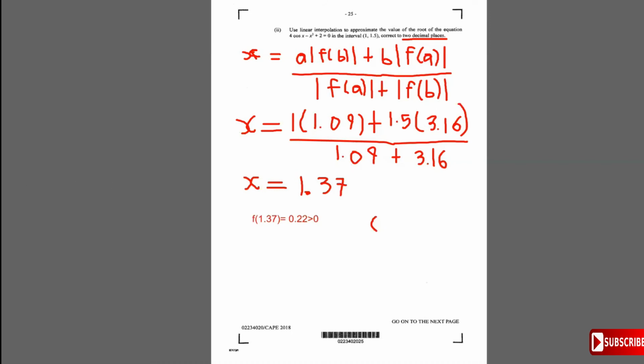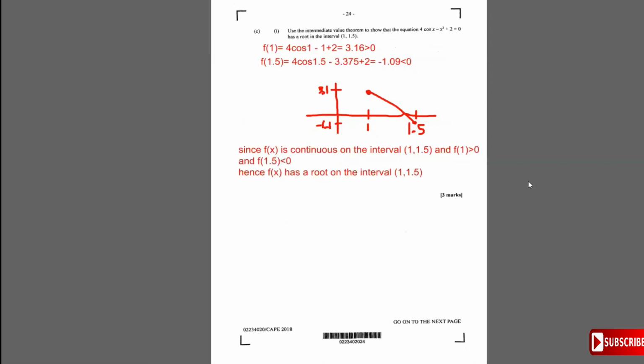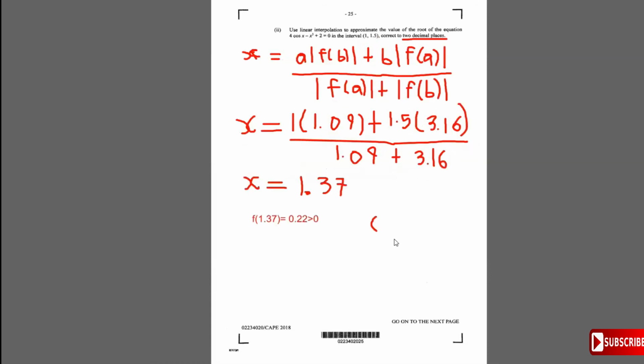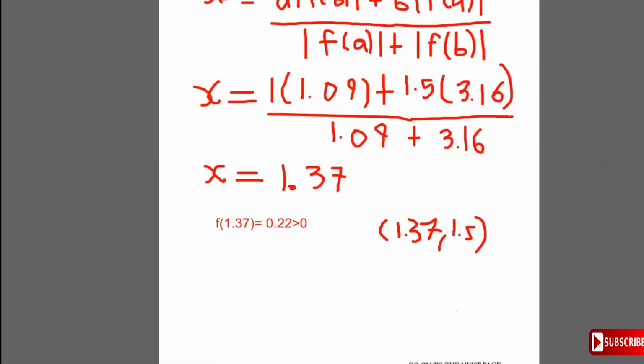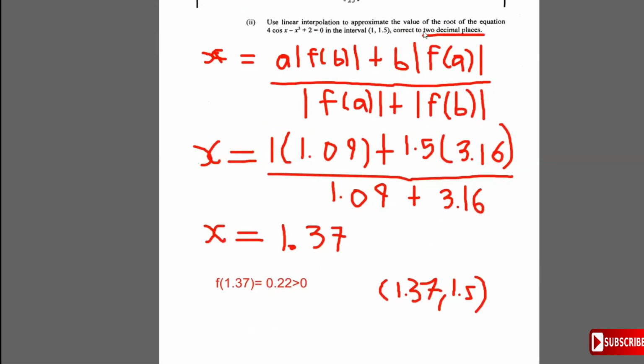Which one was negative again? The 1.5 was negative. So the root then lies on 1.37 and 1.5. So we're going to use linear interpolation again, because it says 8 marks. I don't know how many times, but I guess until we get 0.00 something, we'll stop.